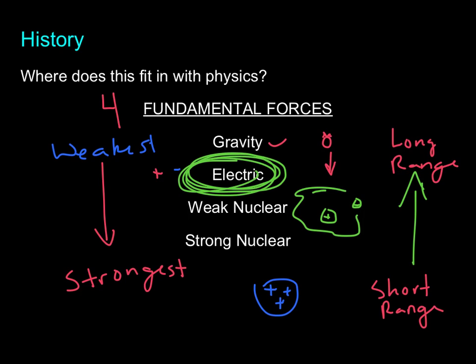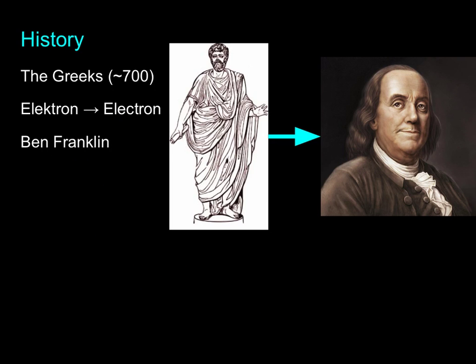And a lot of work was done in the late 1700s and early 1800s. But first, let's go through history. So you have the Greeks. This guy is Greek, and he took a little rod and rubbed it on a piece of amber. Amber, if you've ever seen Jurassic Park, actually let's do an homage to Jurassic Park. We'll put a little mosquito in here.